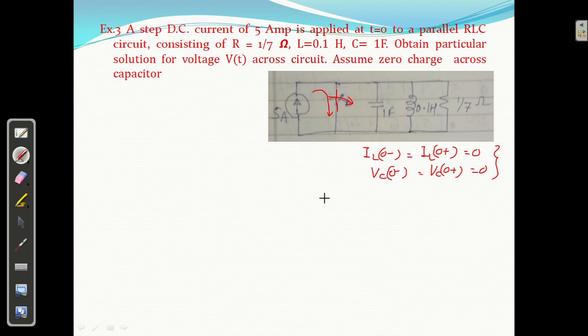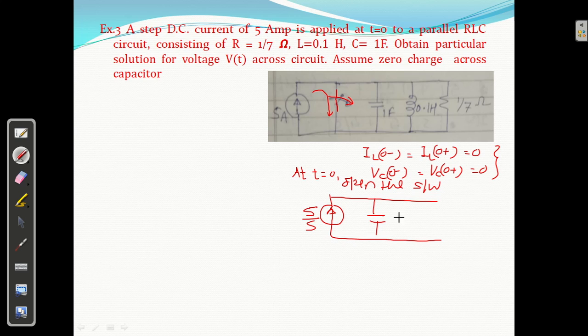Okay, so one thing I do is draw the transform diagram. After t equal to 0, open the switch. If you open it, this will be 5 ampere, 5 by s. C will be 1 by CS, 1 by CS.